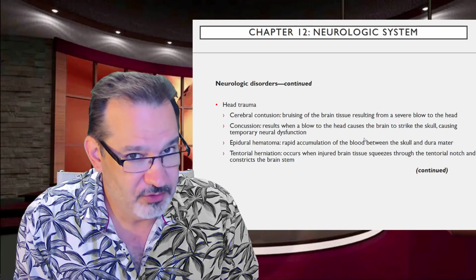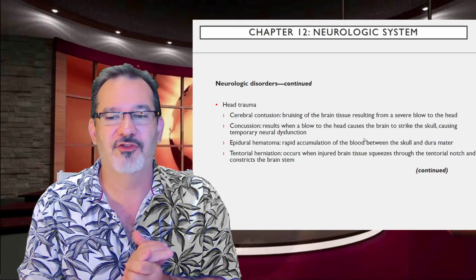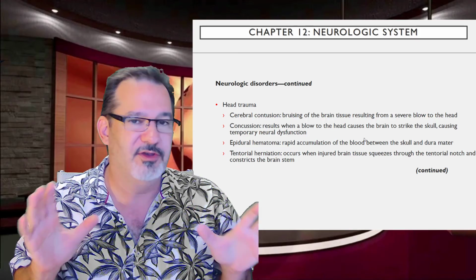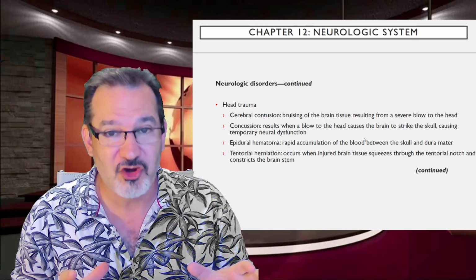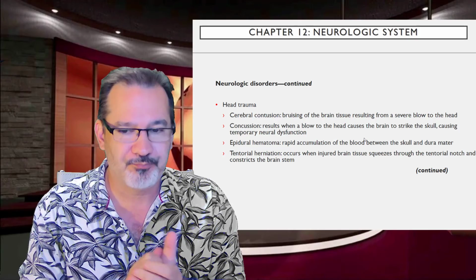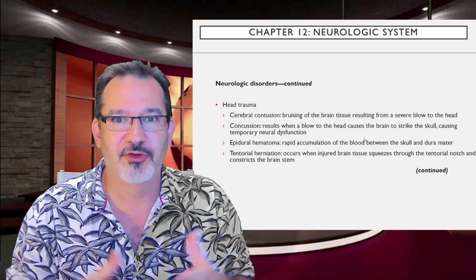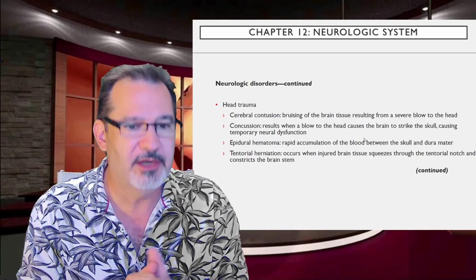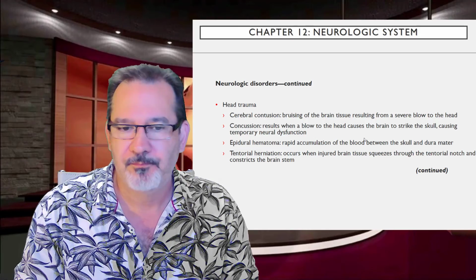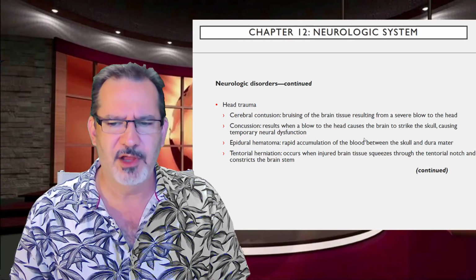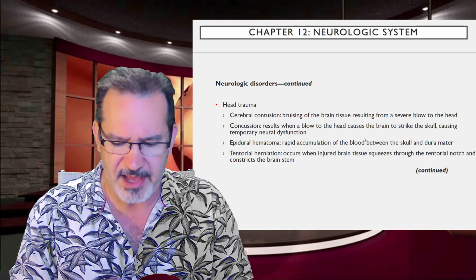Okay, concussion results when a blow to the head causes the brain to strike the skull, causing temporary neural dysfunction. Okay, so the brain striking the skull or hitting the bones of the skull. Okay, not good. Okay. Epidural hematomas, we see these frequently enough. Rapid accumulation of blood between the skull and the dura mater.